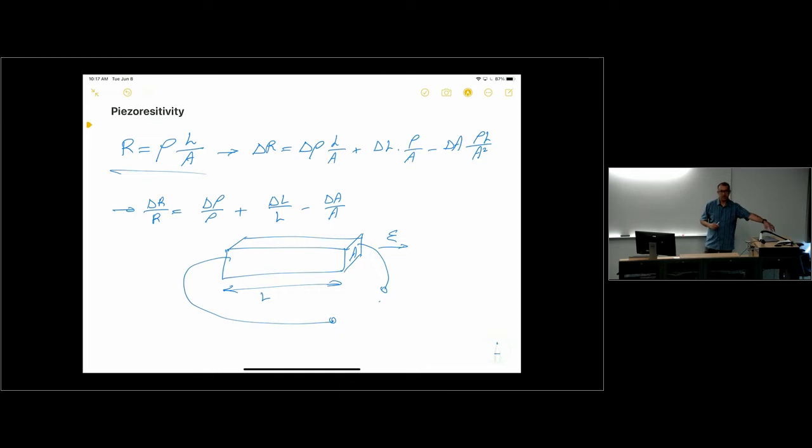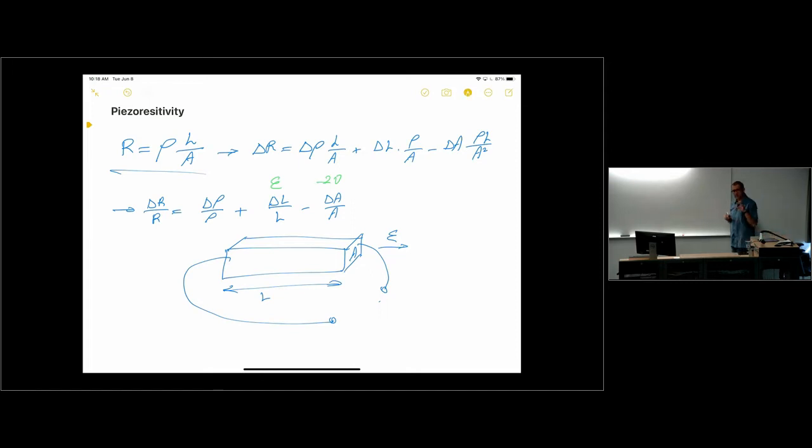So those changes in that relationship, delta rho over rho, delta L over L, delta A over A, are because of the stress and or strain. And because of that, I can simplify this. Delta L over L, well, this is already epsilon. This is a strain. I know that. Delta A over A, let's assume this is an isotropic material with a single Poisson's ratio, you can show that delta A over A is going to be proportional to minus 2 nu.